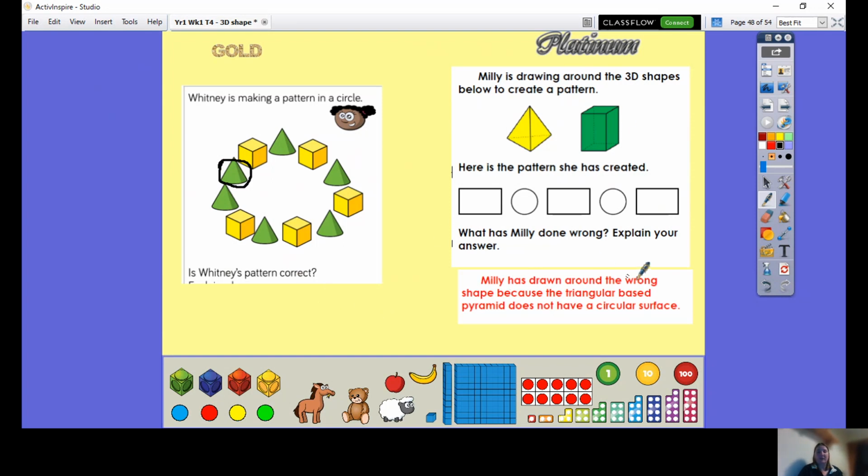And then here, Millie has drawn around the wrong shape because the triangular based pyramid does not have a circular face. So this is a triangle based pyramid this time. It doesn't have a circle, it would have a triangle. Okay, well done there.